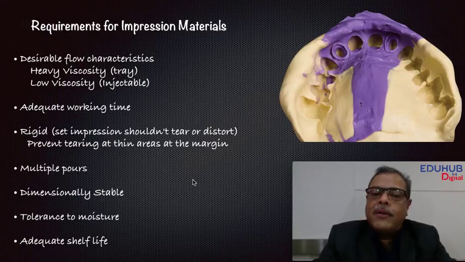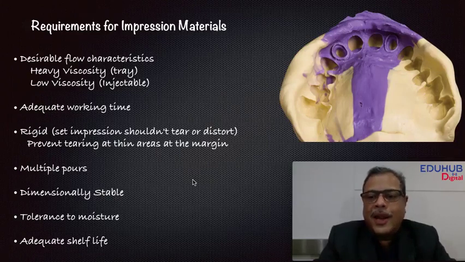We need to have adequate time for working, and we should have a rigid impression unit. That means a tray which will not distort during and after the impression, so that it supports an impression which does not tear or distort easily.